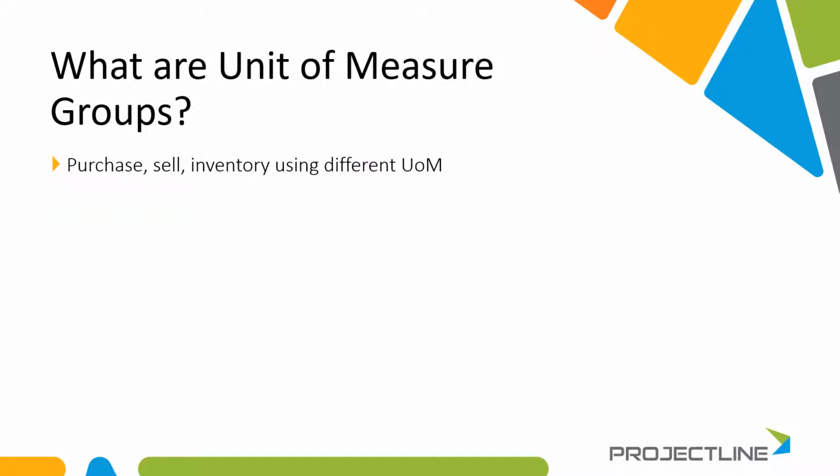So what exactly are unit of measure groups? Well, it's really a tool that was released in version 9.0 that allows us to purchase, sell, and inventory using different units of measure. Prior to 9.0, some of you might remember there was a bit of a workaround: you had to create a different item code for a different unit of measure.